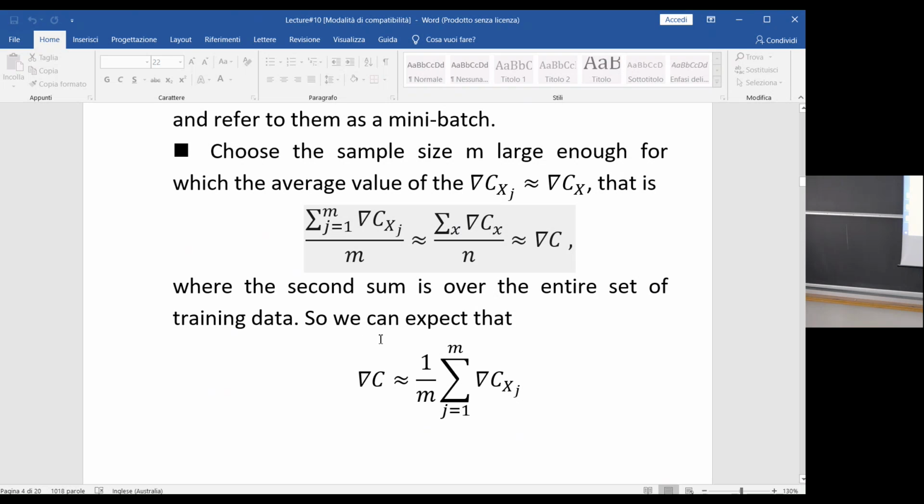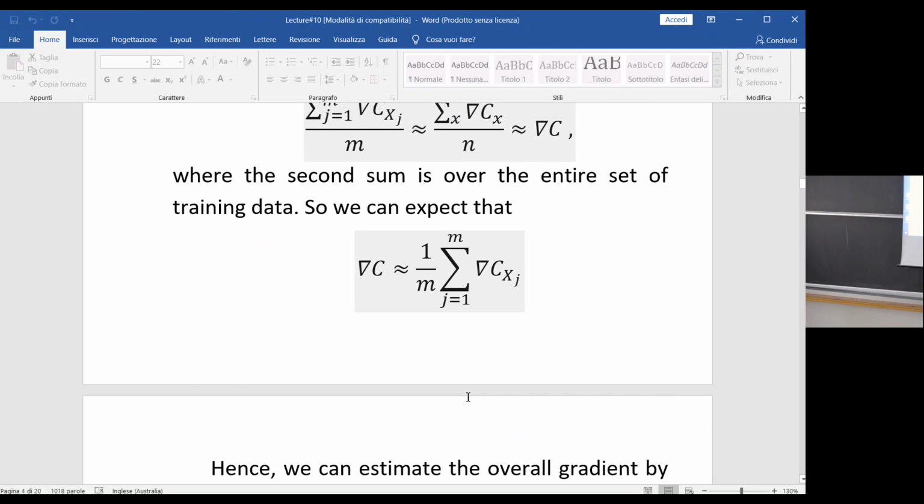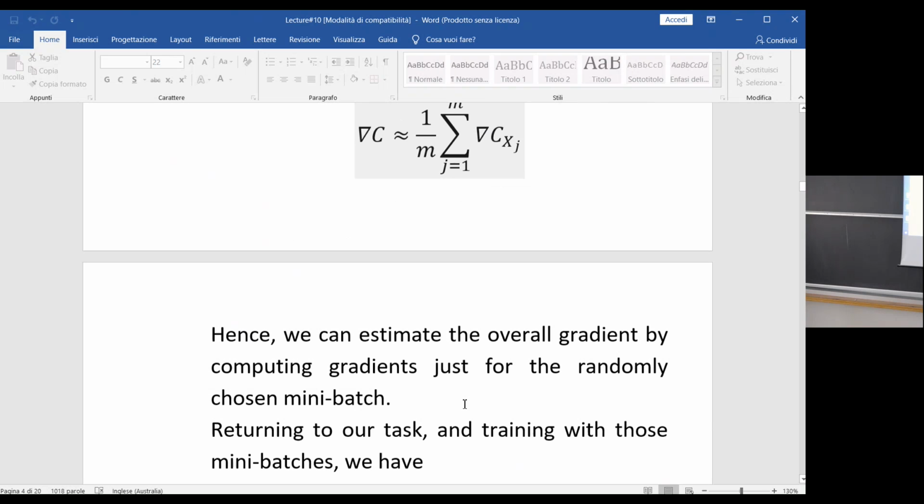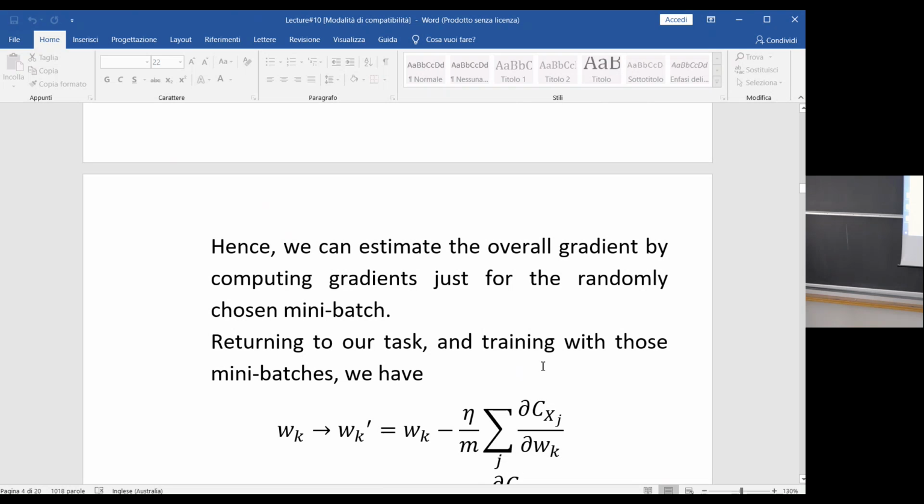So we can expect that the gradient of C can be approximated by the mean value over mini batch samples. So it can shorten our procedure, for example, 60,000 times.